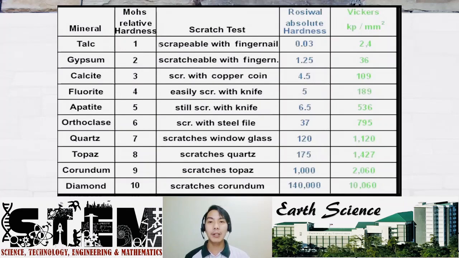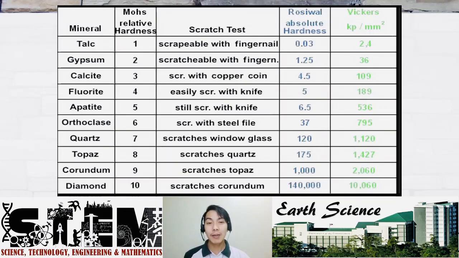So how do you perform the scratch test? For Mohs relative hardness 1, if the mineral is scratchable with a fingernail, then it has a hardness of 1. You just use your fingernail to scratch the mineral, and if you see scratches, then that mineral exhibits a hardness of 1 only.